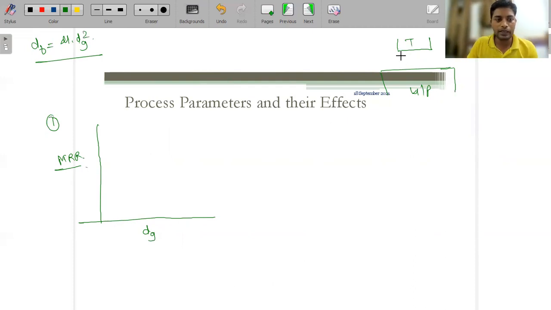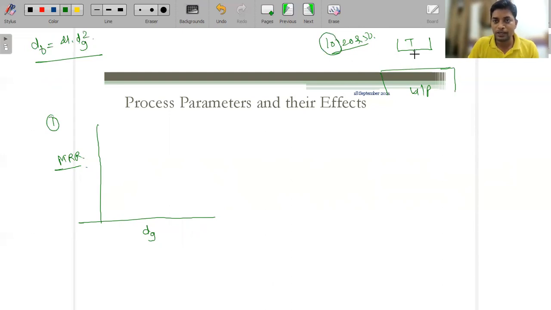So for an example, if we are using very small size abrasive particles, just assume that in case of alumina, we can use like 10 micron, 20 micron and 50 microns. Let's suppose that 10 micron abrasive particles we are using.